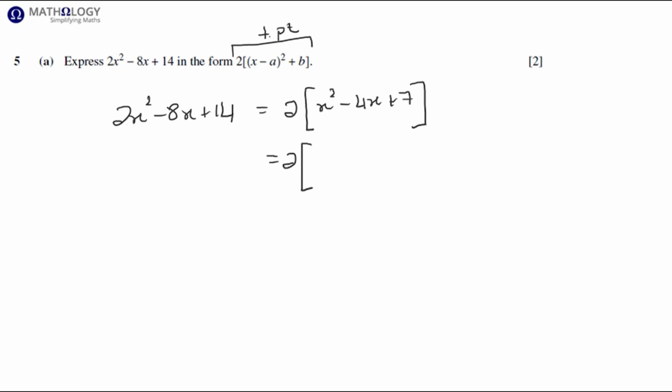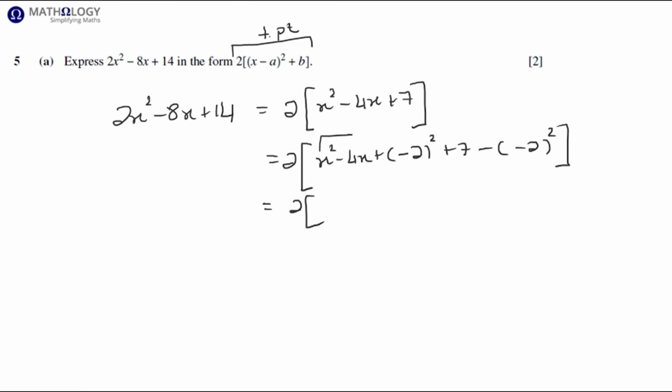We now add a bracket squared and subtract that same bracket squared. The contents of that bracket will be half the coefficient of x. Half of minus 4 is minus 2.